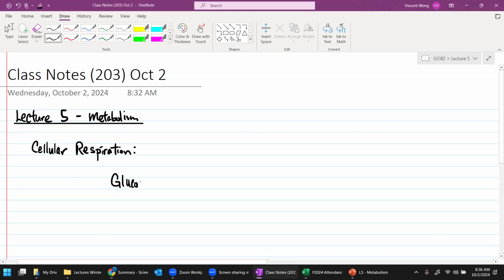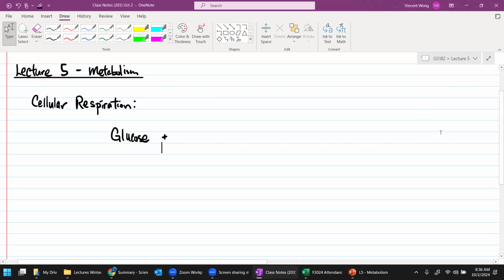So we start with glucose, which is what we obtain from eating carbs. And we are going to be reacting it with oxygen, which we breathe, to produce carbon dioxide and water, as well as energy.